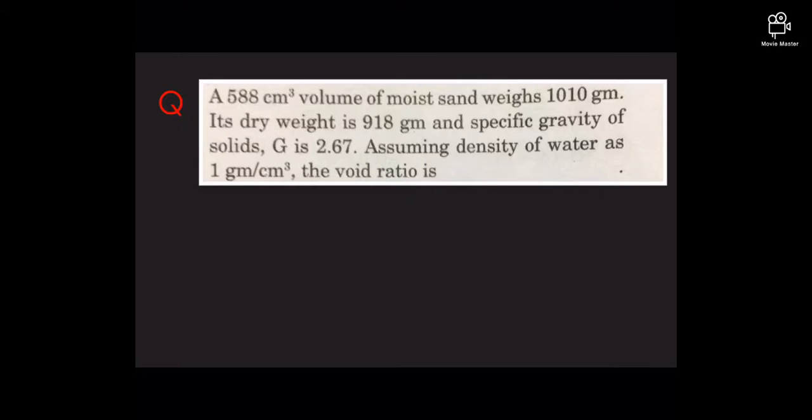Next question. A 588 centimeter cube volume of moist sand weighs 1010 gram. Its dry weight is 918 gram and specific gravity of solids G is 2.67. Assuming density of water as 1 gram per centimeter cube, the void ratio is what?